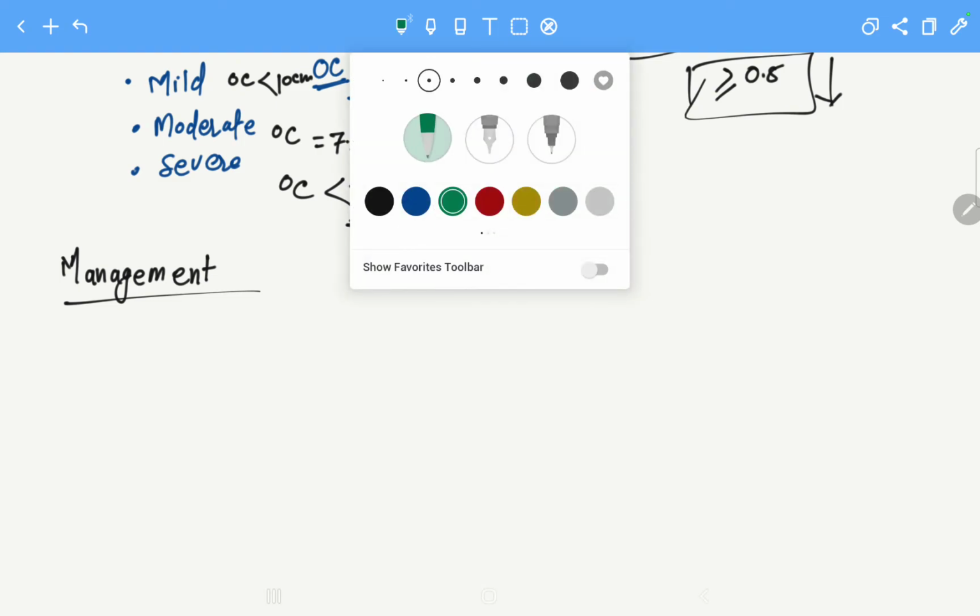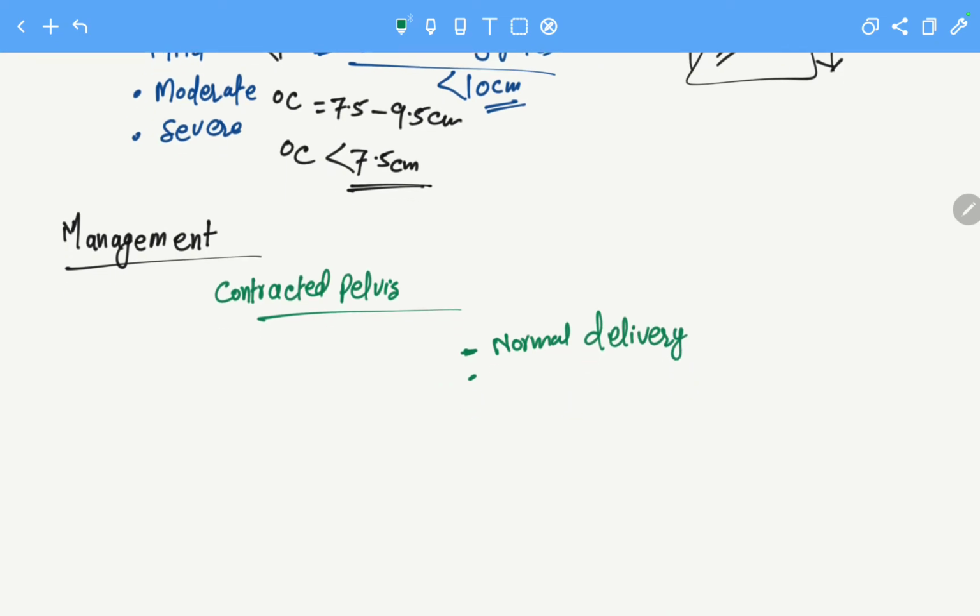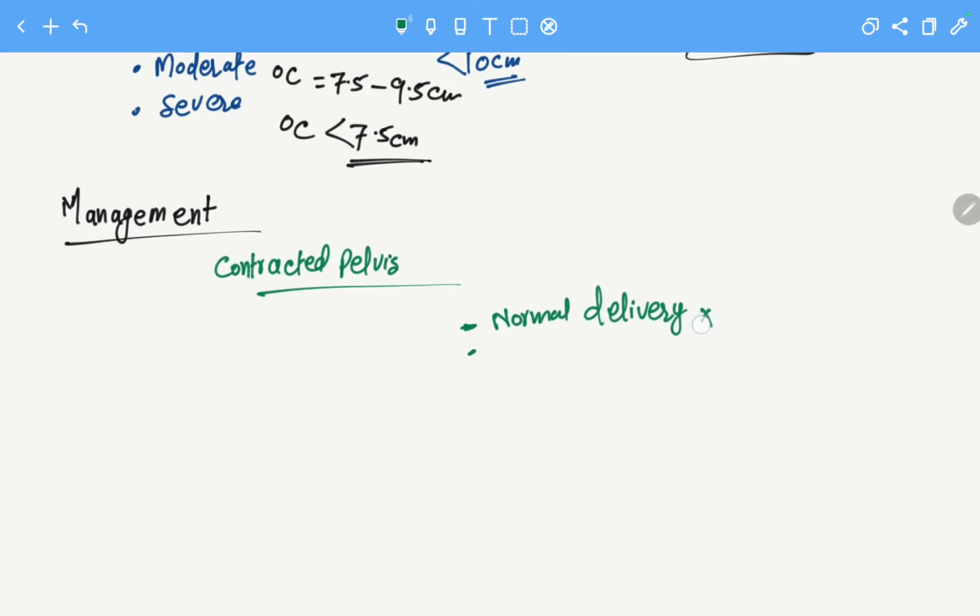Management of contracted pelvis. सिंपल सी बात है, अगर पेल्विस की डायमीटर कम हो जाएगी मीन्स नॉर्मल डिलीवरी में प्रॉब्लम आएगी. डीप ट्रांसवर्स अरेस्ट हो सकता है ना. लेबर टाइम इंक्रीज हो सकता है, प्रोग्रेस नहीं होगा लेबर का. So normal delivery is not possible in such cases.